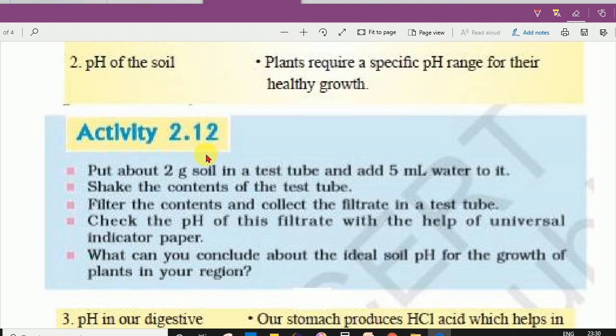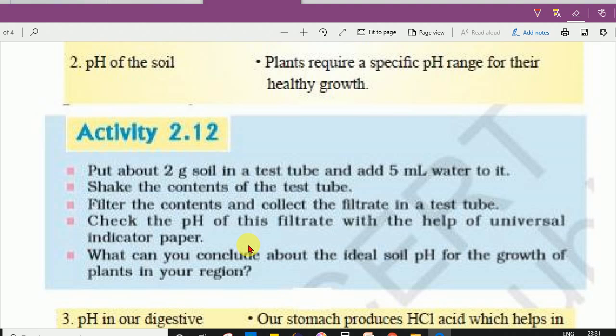Now what is this activity? They are asking you to take 2 grams of soil in a test tube and add a small amount of water to it. Shake the contents and test the pH value, whether the pH is more than 7 or less than 7. They may ask you further, if the pH is less than 7, what will you add?